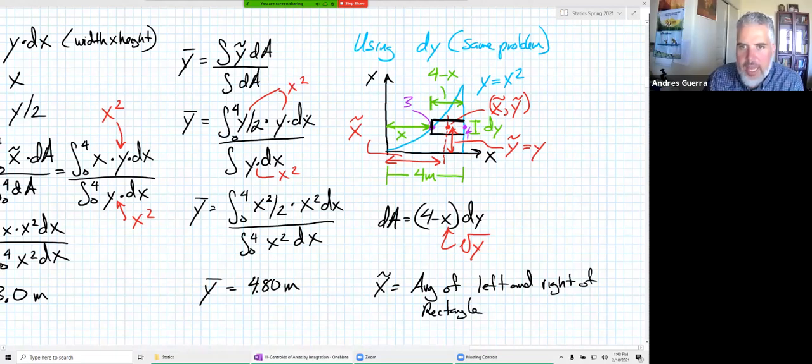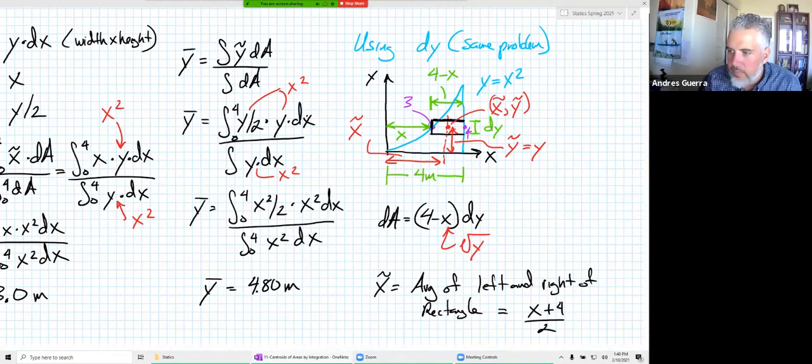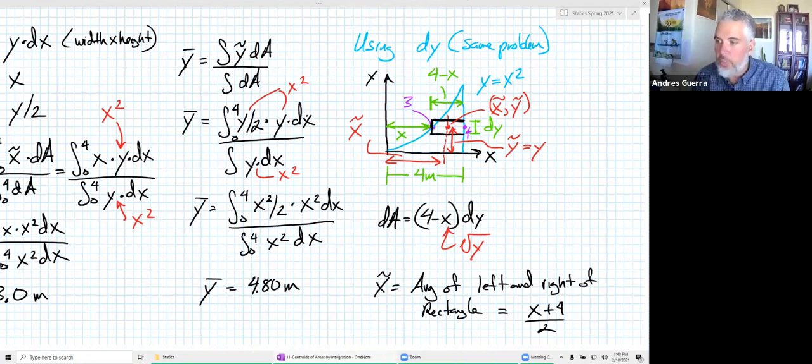And so what's the left? Isn't the left x? And the right is 4. So it's really just, let me write it over here. So isn't it x plus 4 divided by 2? Or the way that Kalev wrote it is also correct, right? Because you have 4 minus x over 2 plus x.